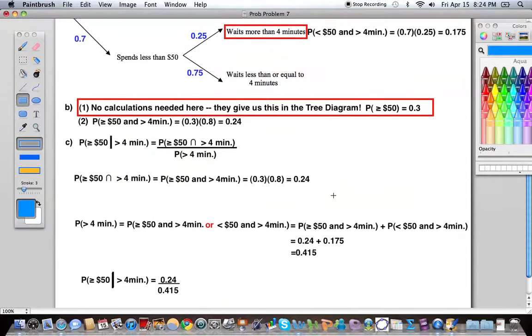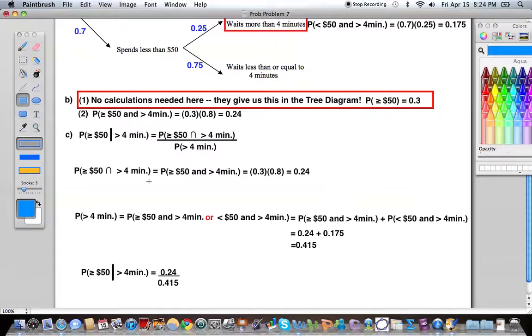In part C, again, this is a conditional probability question. It says, given that the customer waited for more than 4 minutes, find the probability that they spent $50 or more. Now, this can be kind of confusing, the way that it is written out. Well, we can reword it to look like something that's more familiar to us. Find the probability that they spent $50 or more given that the customer waited for more than 4 minutes.